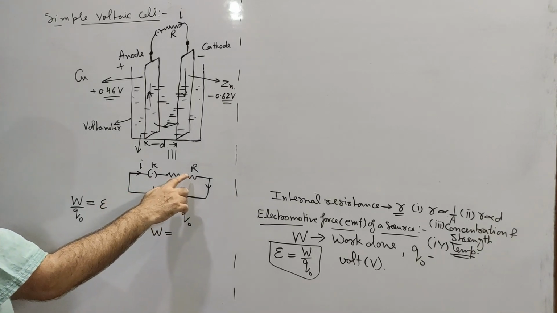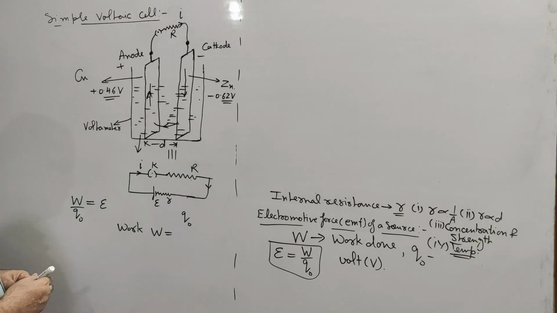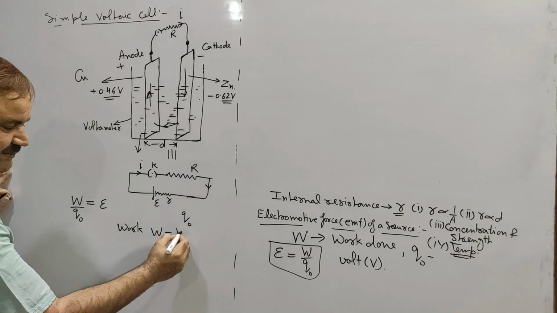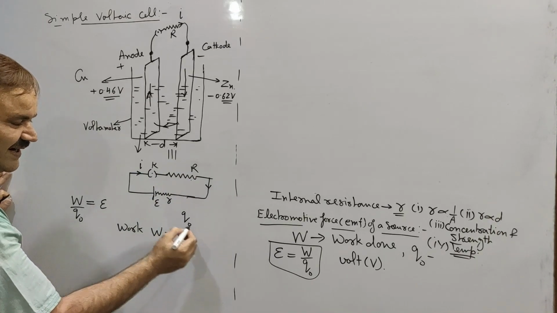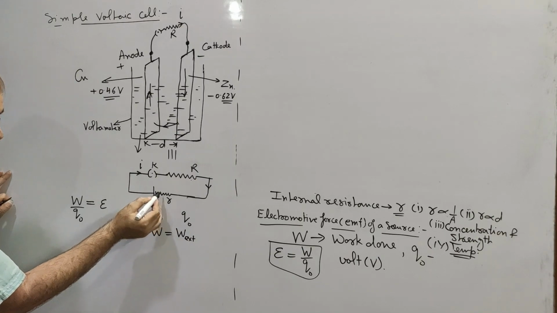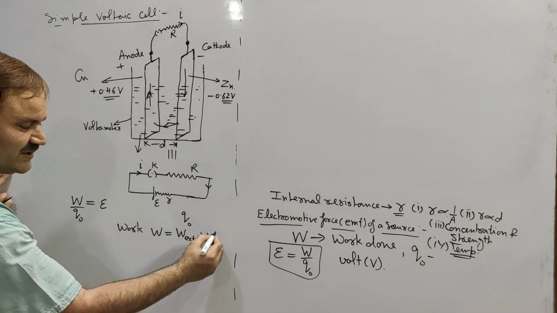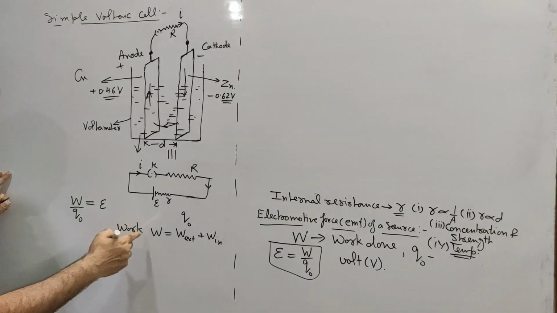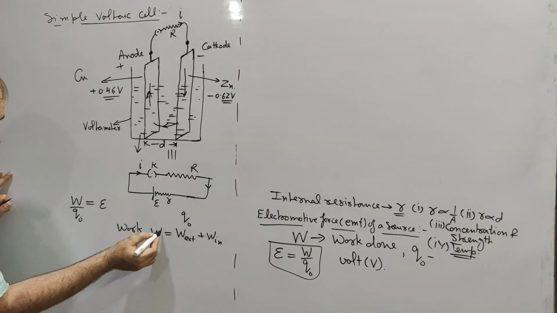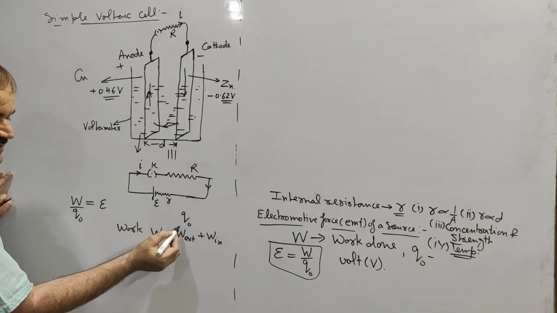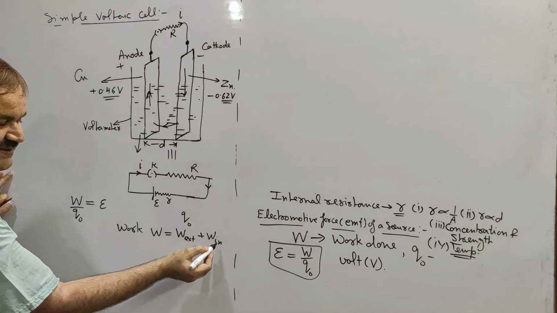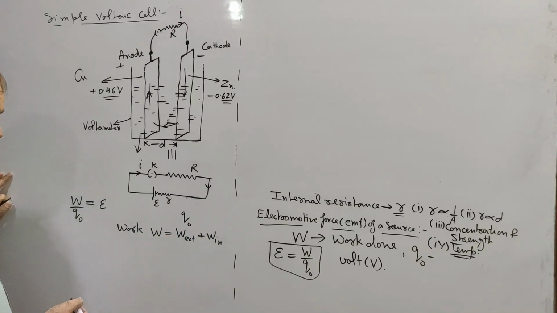If work done by cell across external circuit is W external, while work done by cell across internal circuit is W internal, then by conservation of energy, total work done by the cell is equal to work done across external circuit plus work done across internal circuit.